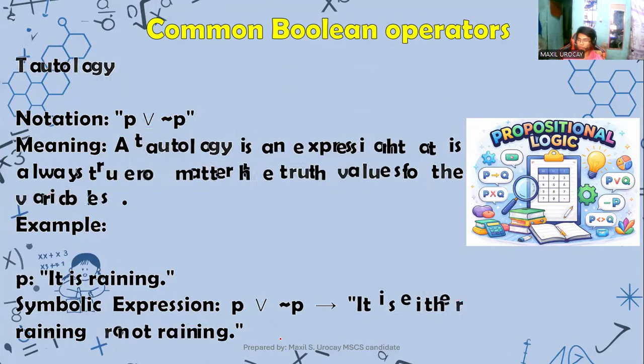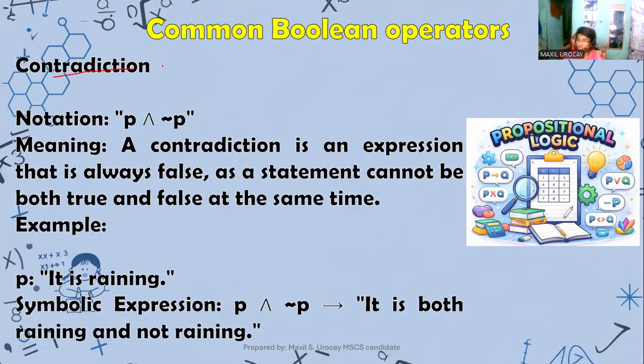That's how it works. Now for contradiction, regardless of what is going to happen, a contradiction will always be false. Meaning to say, this is multiplication because this is AND. For example, true and not true is quantified as false. Why?